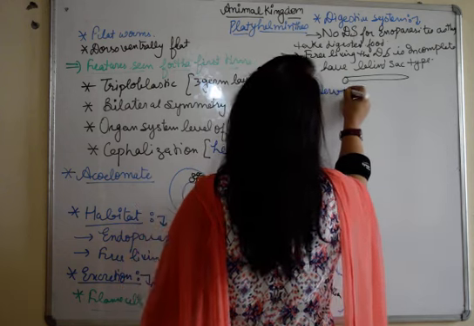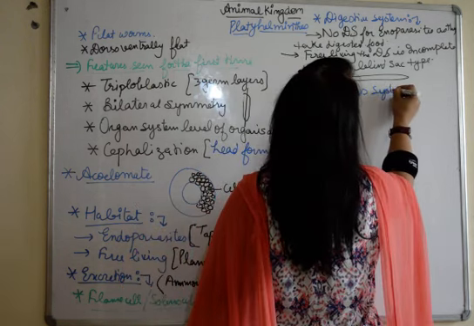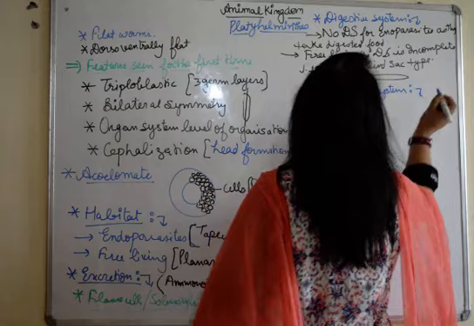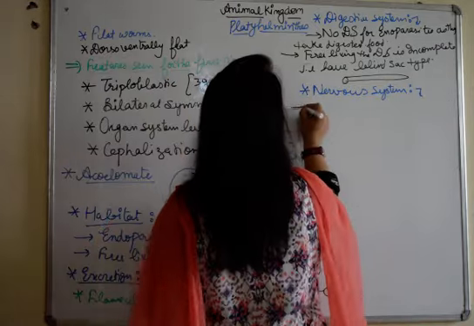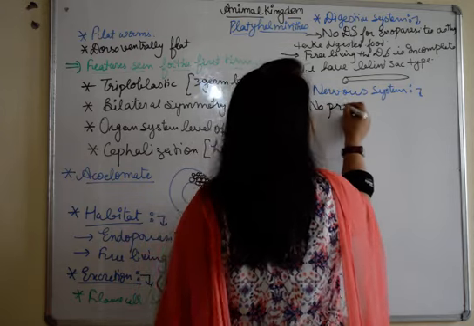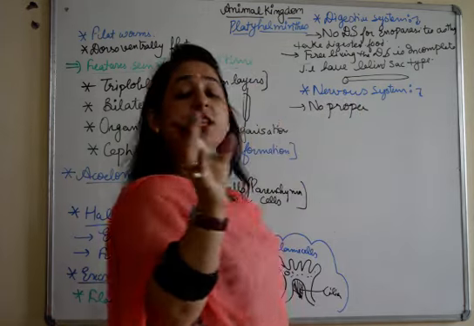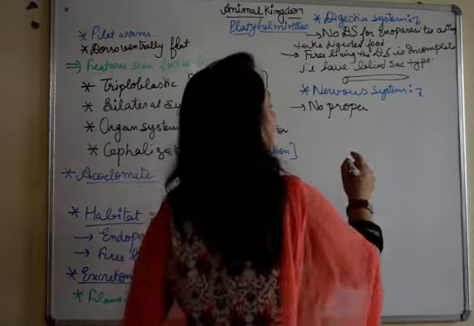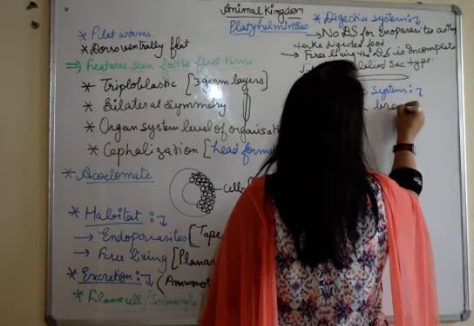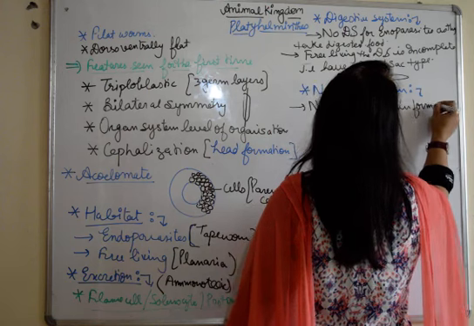Nervous system. Now in the case of platyhelminths, as I already told you, they show cephalization, but still no proper head. Cephalization is head formation. Fine, the head formation starts, but there is no brain development, no proper brain formation.